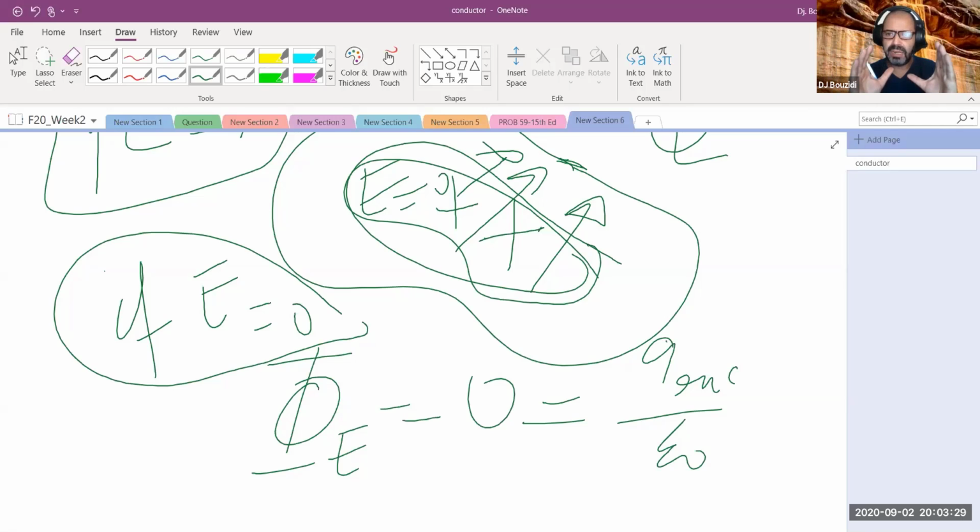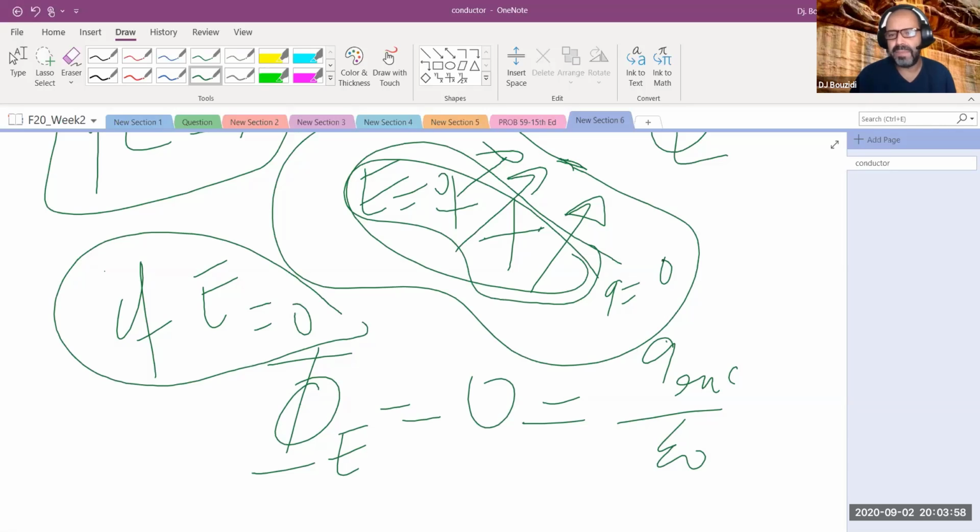Let's repeat the statement exactly on how we arrived to this conclusion. There cannot be an electric field inside. Why? Because if there was one, charges will move. Basically, no charges inside. So the answer to the whole thing is Q is equal to 0 inside the conductor. But you dumped some charge outside on the conductor, so that charge cannot be inside.